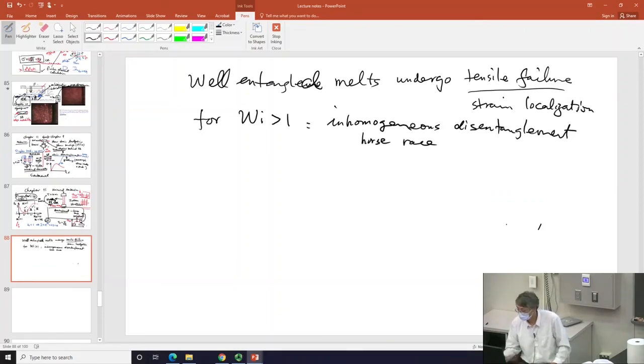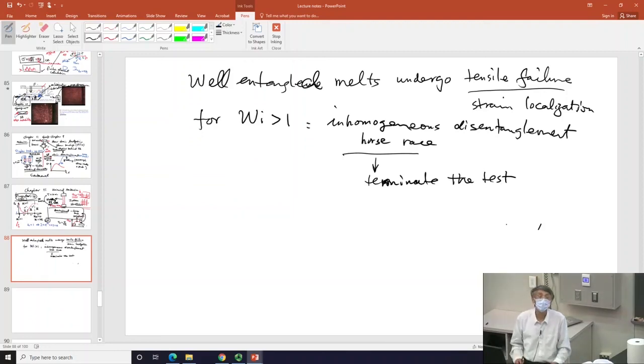And this actually caused the experiment to terminate. And this is the part that's a little bit cute. It caused the experiment to terminate.